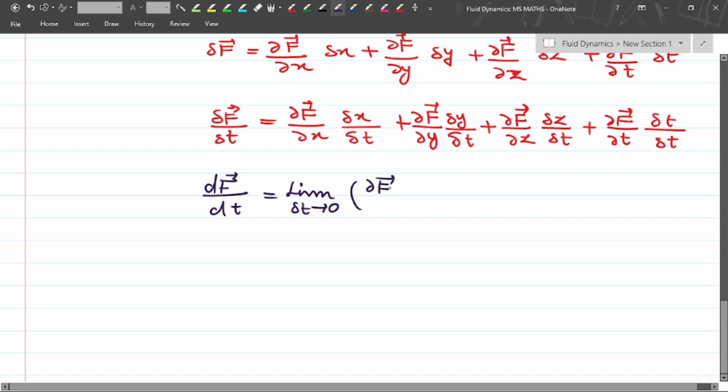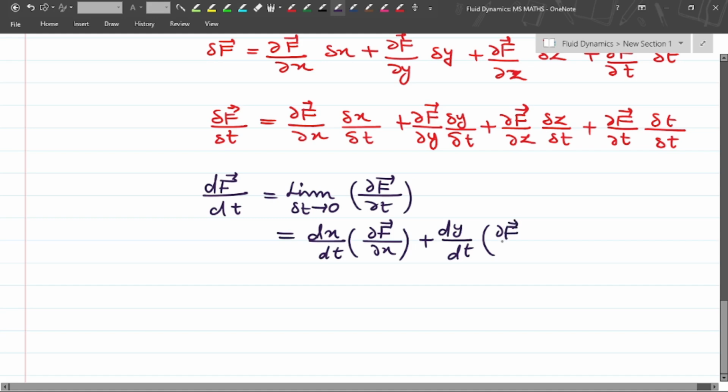So it will be dx by dt dou f vector upon dou x plus dy by dt dou f vector upon dou y plus dz by dt dou f vector upon dou z, plus the last term, which is dou f vector upon dou t.